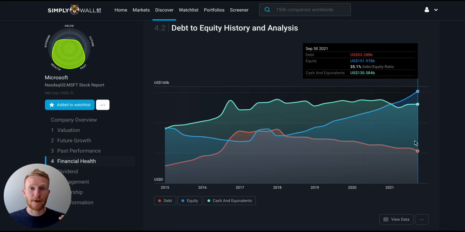Equity being that you don't necessarily have repayments to make. However, you are diluting the current shareholders, and you need to give them an ownership stake in the business. That's a pro and con. And as for the debt, you're not diluting shareholders, right? You're not issuing more ownership in the business.